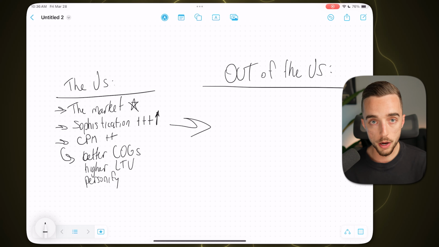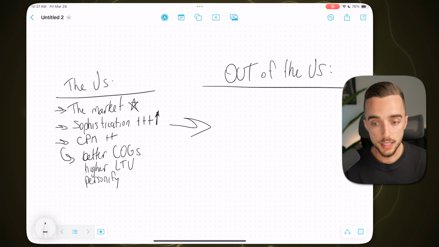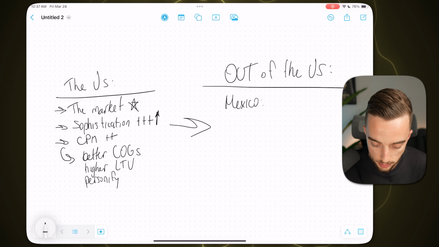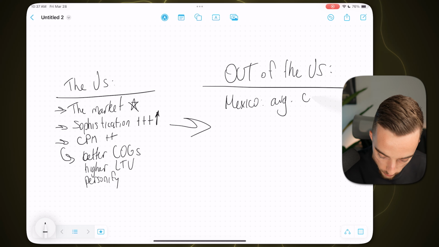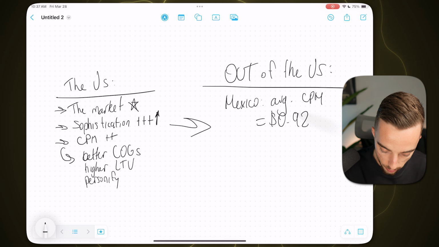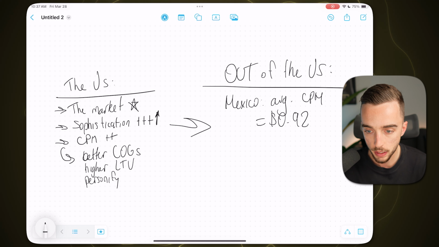Or if you're an American struggling locally, now you can take whatever you see working for your competitors in the US and export that into another market that is less sophisticated and less competitive. Now let me give you an example of Mexico, okay? If we go into Mexico right here, the average CPM on Meta across every industry, okay, is, I'm not sure if you're even ready for that, 0.92, out of every single industry together.